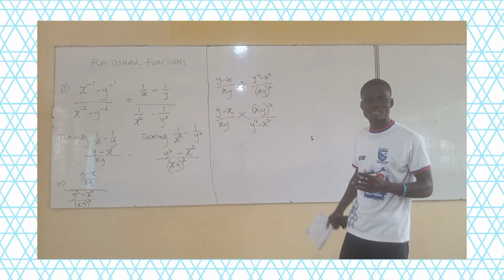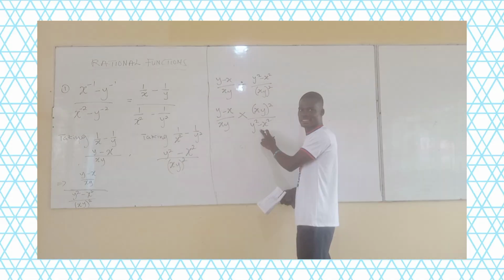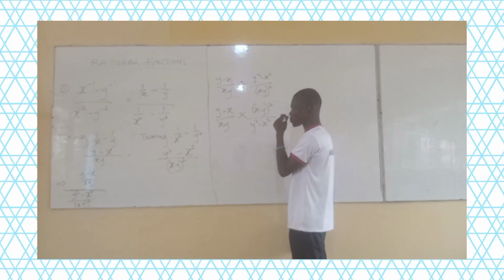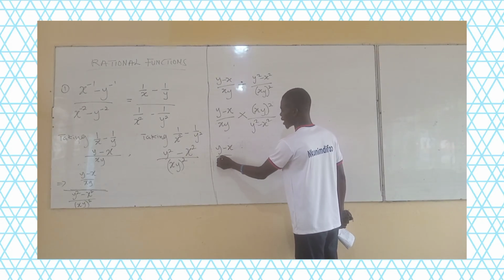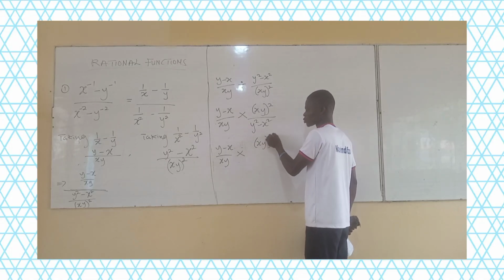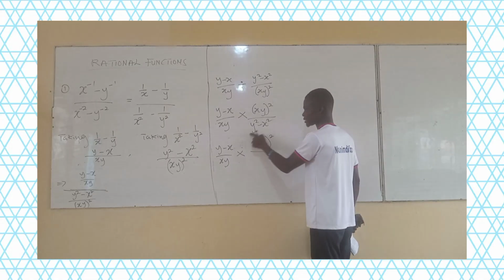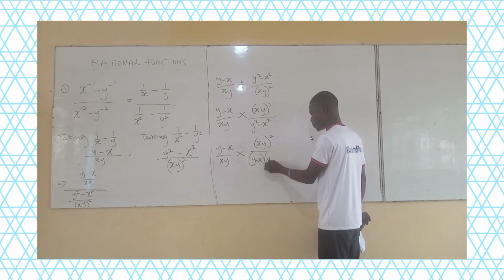I hope it's clear. This denominator is a difference of two squares, so we can factorize it and we get y minus x over xy times xy all squared over y minus x, y plus x.